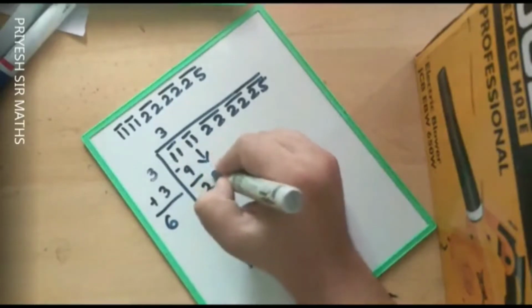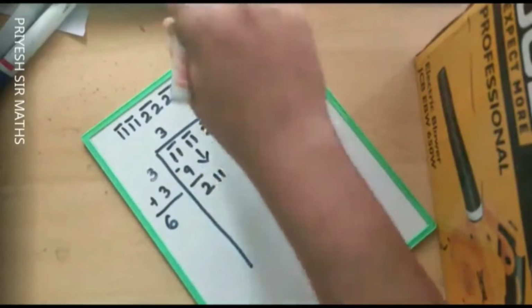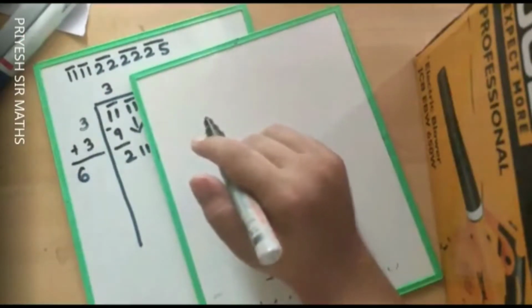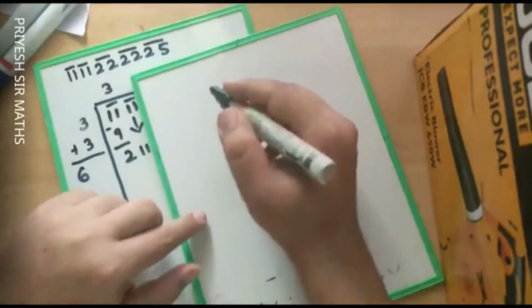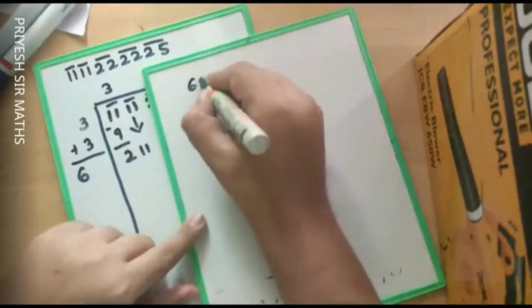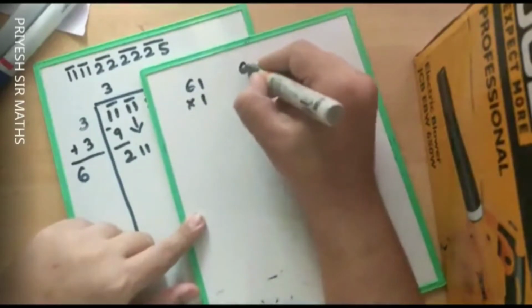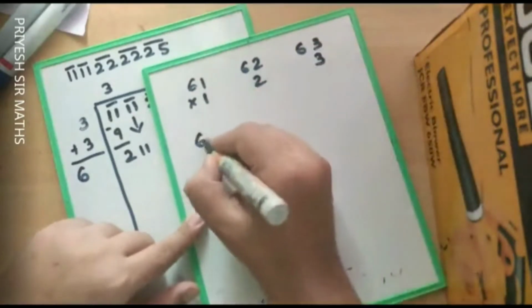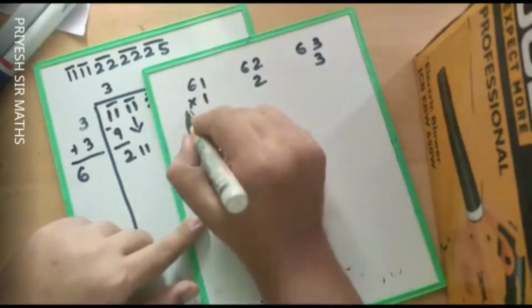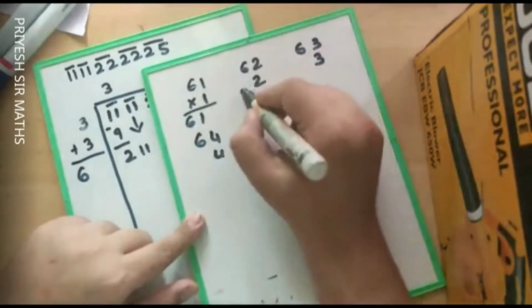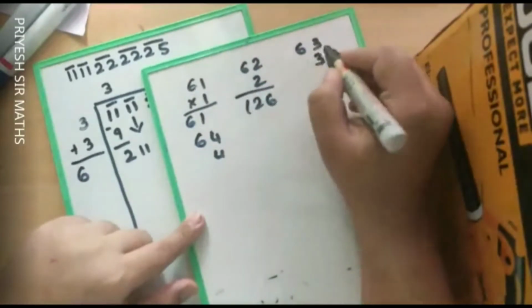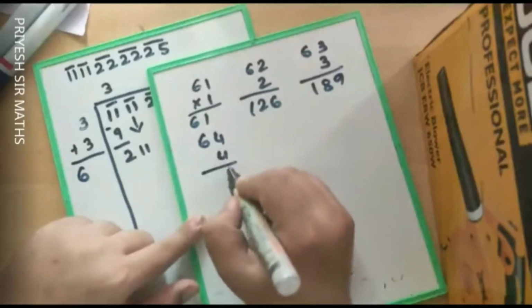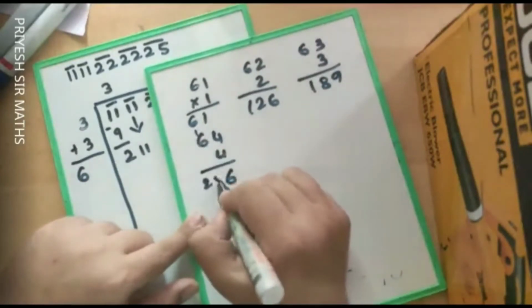Here you get 11. So you have to check whether 61 ones are, 62 twos are, 63 threes are, 64 fours are. 61 ones are 61, 62 twos are 126, 63 threes are 189, 64 fours are 256.